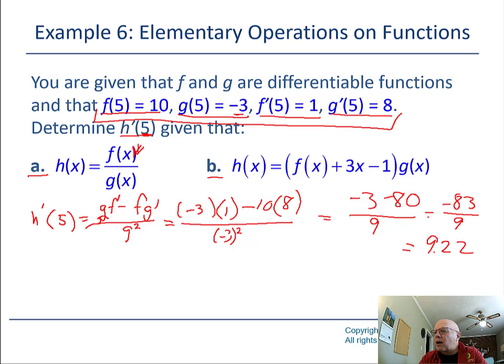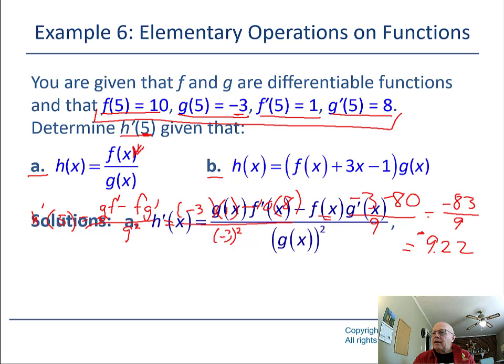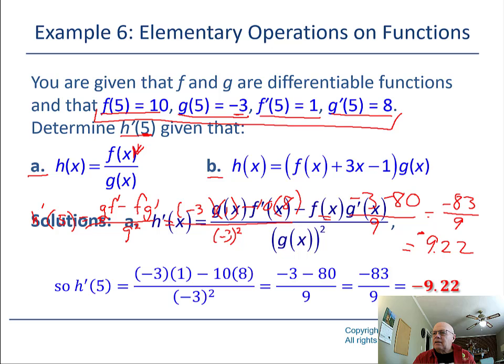And notice we've got a minus, so we should end up with that. Exactly. Negative 9.22. Remember, that's the first part. Now we're going to do something similar, but we're going to work with this problem instead.